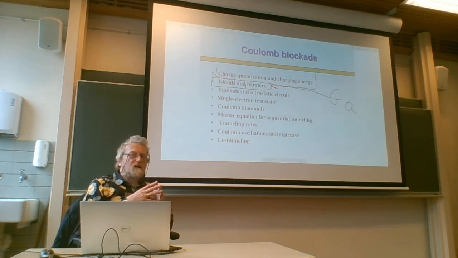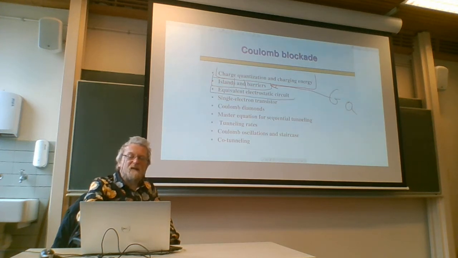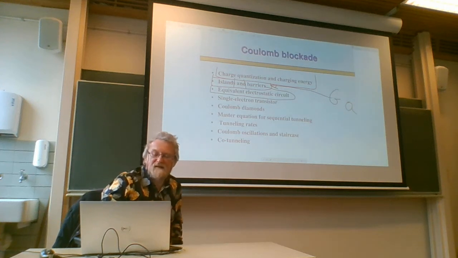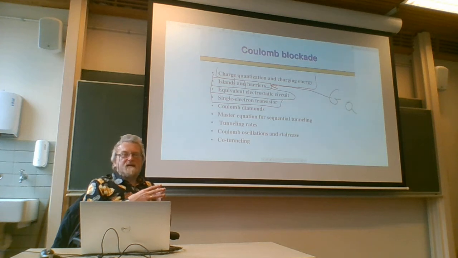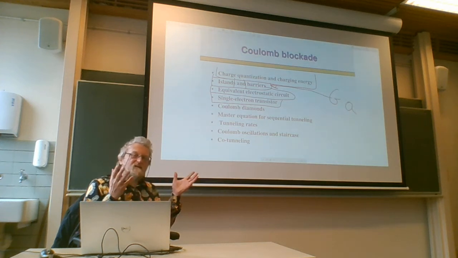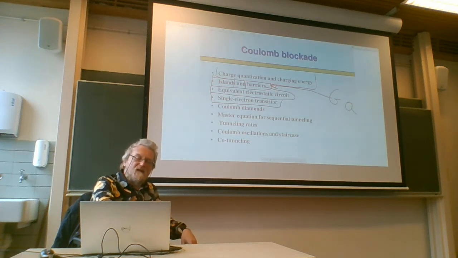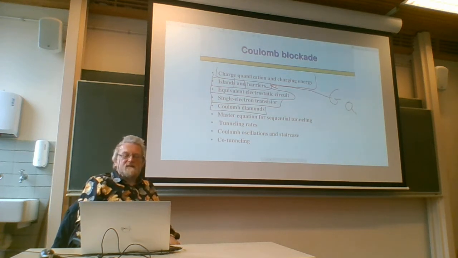We understood how to compute energy using simple electrostatics, adding capacitive energies. We looked at the single electron transistor. It is described by a master equation. One has to understand which rates are forbidden, which rates can be. If all rates are forbidden, we have Coulomb diamonds, regions of zero current.